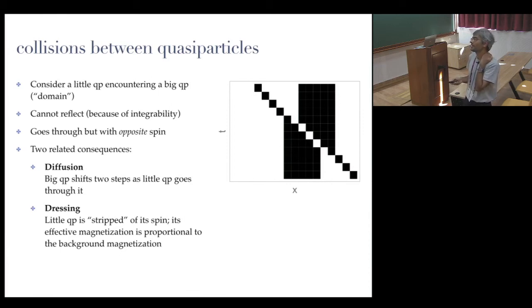The first one tells you that these heavy objects are actually Brownian particles, because as they're sitting there, they keep getting hit by the light magnons that go through, and each time such a collision happens, they step 2 steps over in some random direction, and so over time this is going to make this guy diffuse. And that's going to be, at short to intermediate times, its leading behavior.